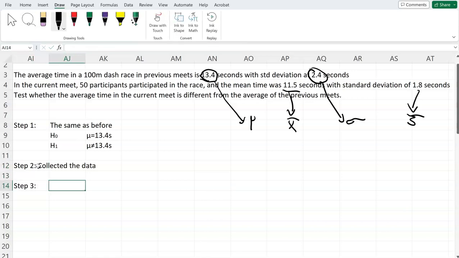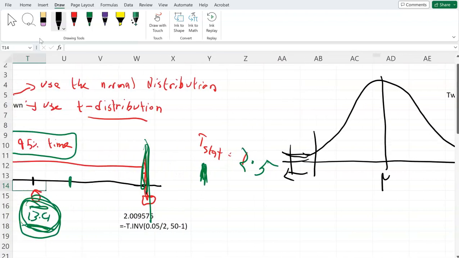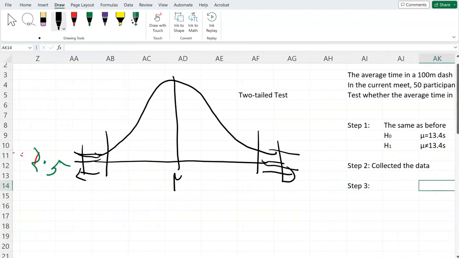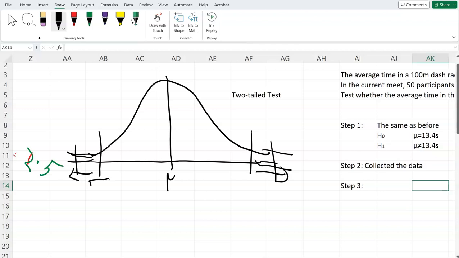Since we have the population standard deviation, which is this number, we are going to use the z-value, or the z-statistic. So instead of what we did before, we can now find the z-values for those 95% of the time. We can plug in those values here.